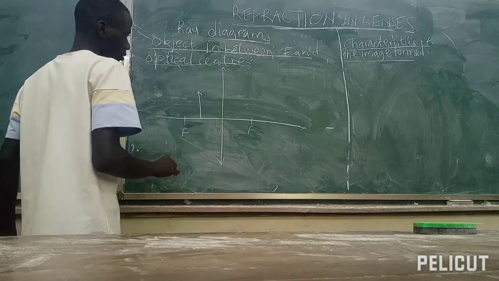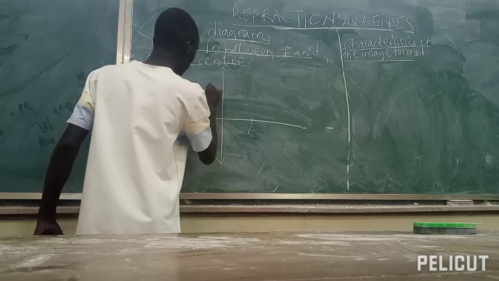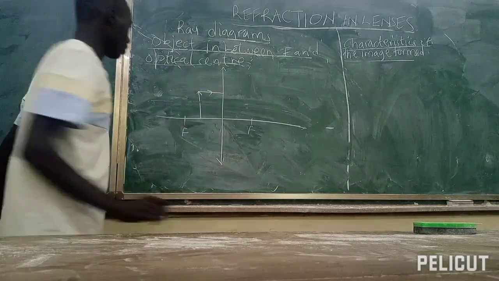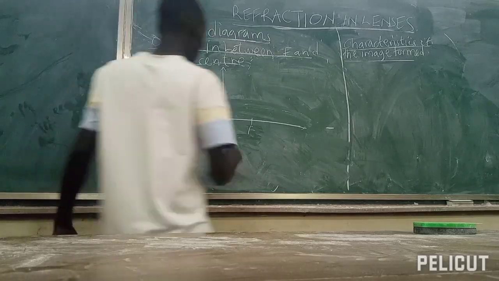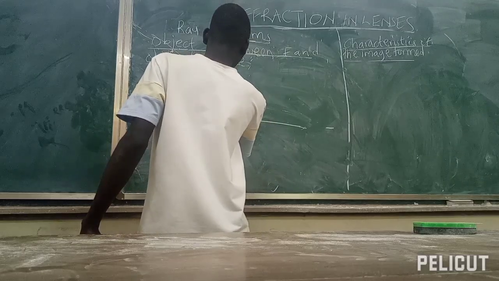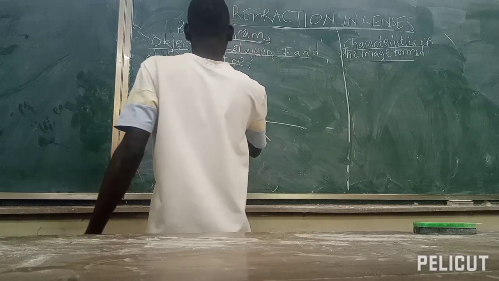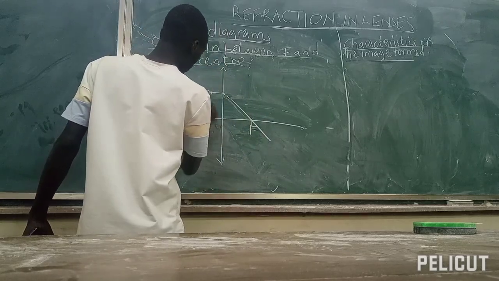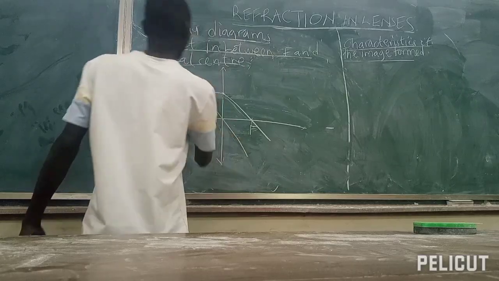So this is our object. As usual, our rules of drawing the rays remain. We draw a ray parallel to the principal axis and refract it through the principal focus. Then, as we said, the ray passes through the optical center and is not refracted.